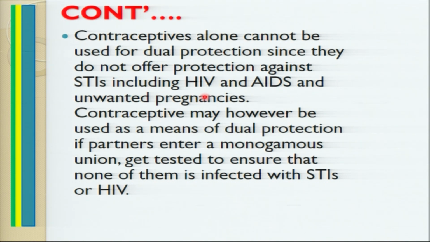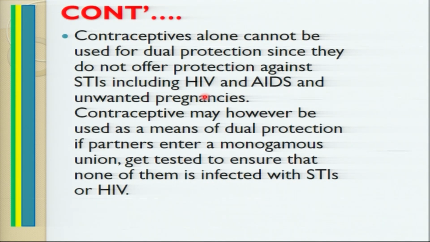All right? People can get infected in that way too. So the partners should enter a monogamous union and also get tested to ensure that none of them is infected with STIs and HIV/AIDS.